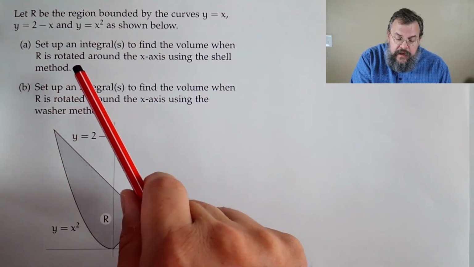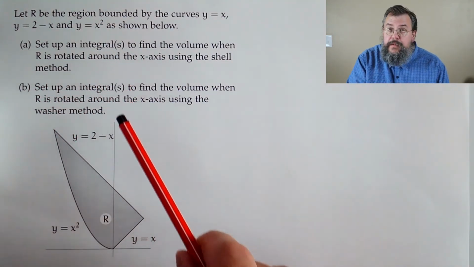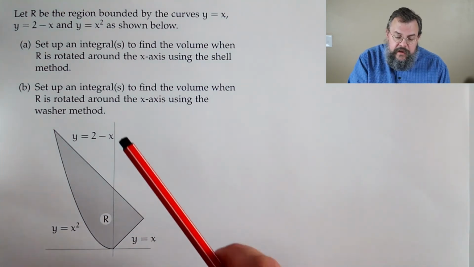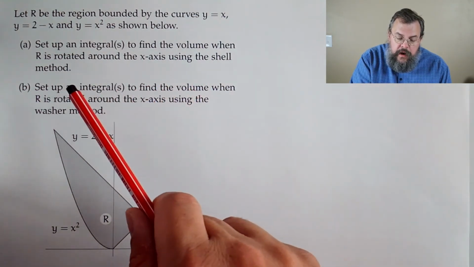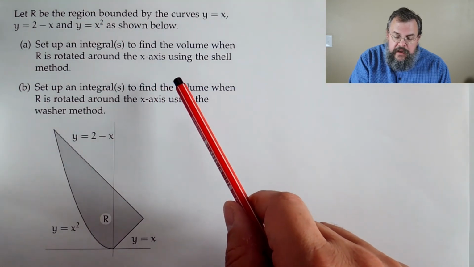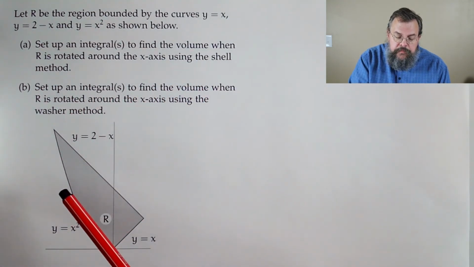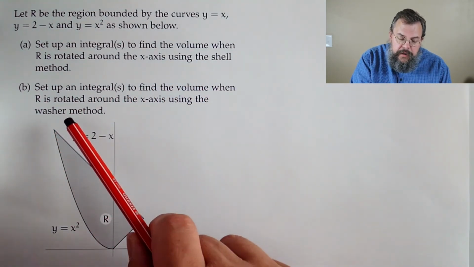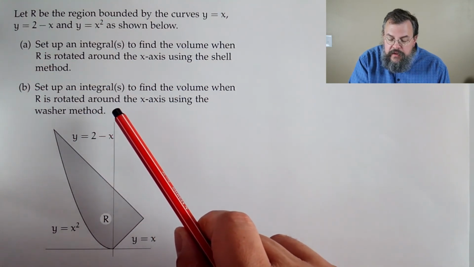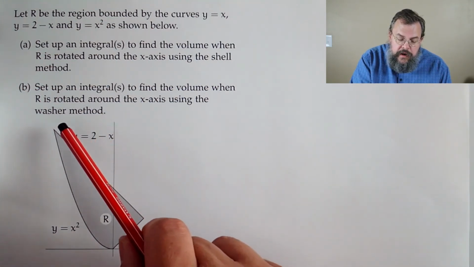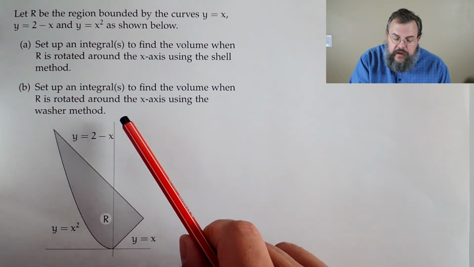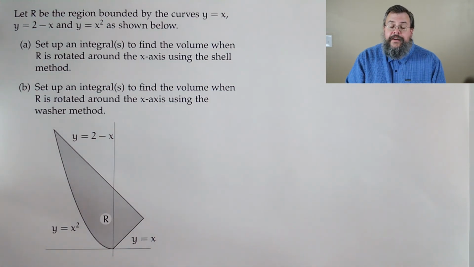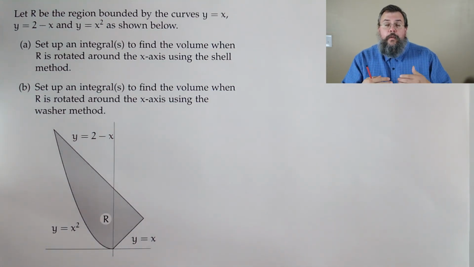Set up an integral, or possibly integrals, to find the volume when R is rotated around the x-axis using the shell method. Then part B, set up again integral, possibly integrals, to find the volume when R is rotated around the x-axis using the washer method. Okay, so in both cases, we're actually looking for the same quantity.